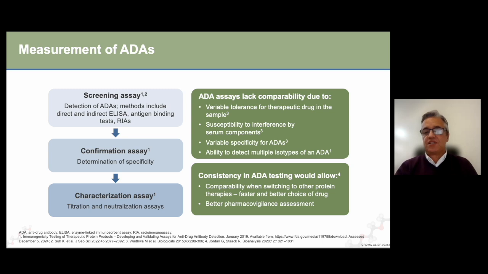The consistency of the ADA testing will allow us then to do comparable evaluation of the different results that the clinician is having over the years. So it's very important that when you measure ADAs, you should measure several times a year, but it is also very important that the clinician can really maintain the consistency of the method that is being used in order to compare the results over the years.